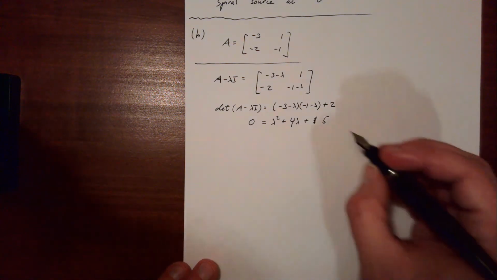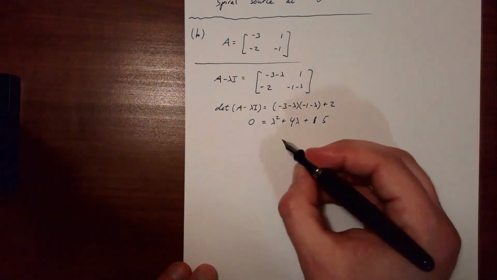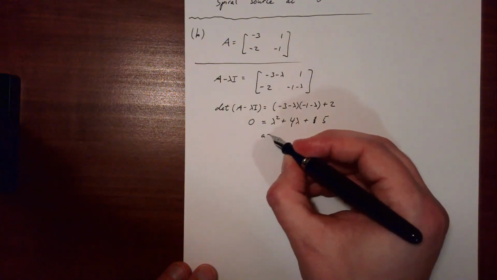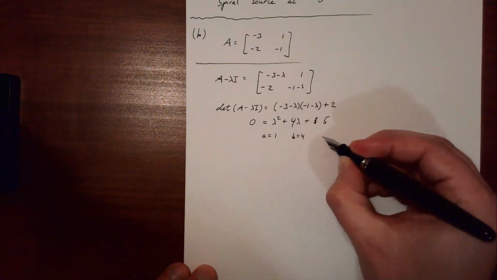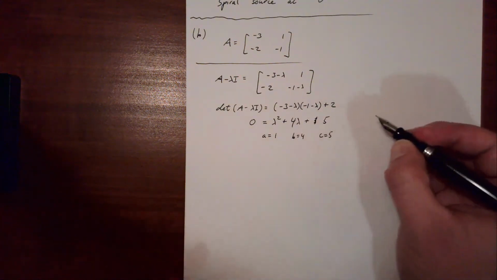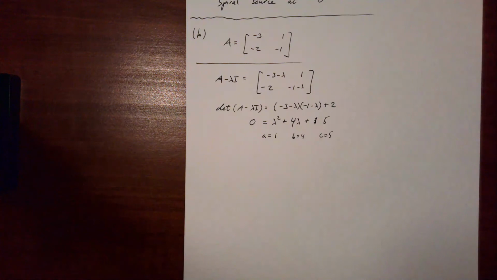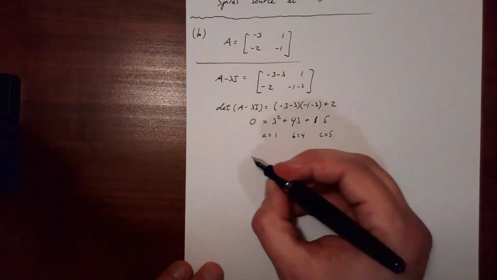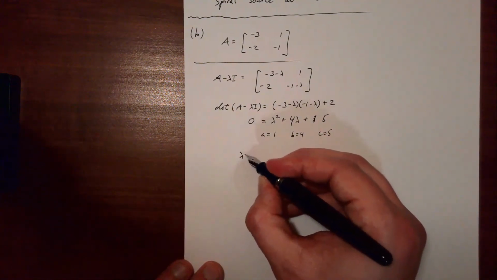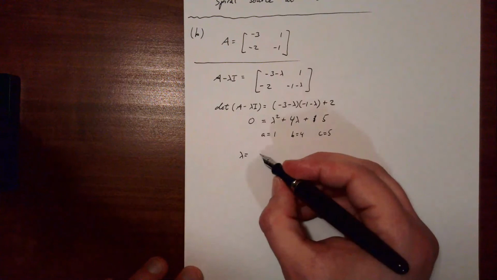Okay, so then what's that going to lead to? It's going to be a equals 1, b equals 4, c equals 5. Or you can do this by completing the square. I welcome that. That would be a fun way of going about this. But we'll just do it the classical way with the quadratic formula.